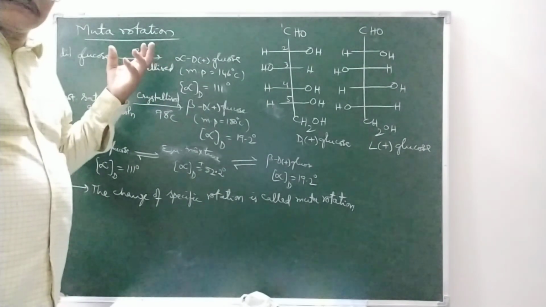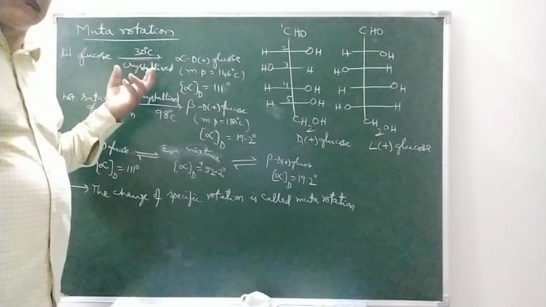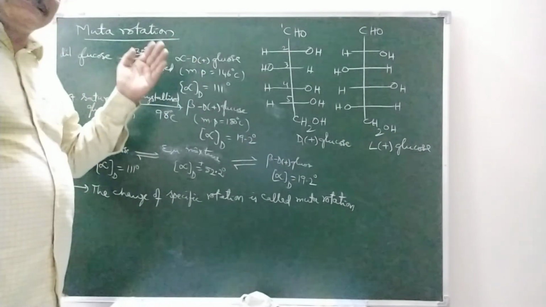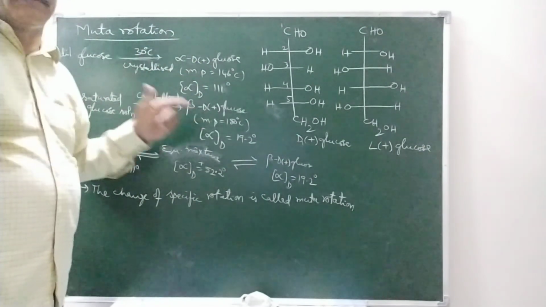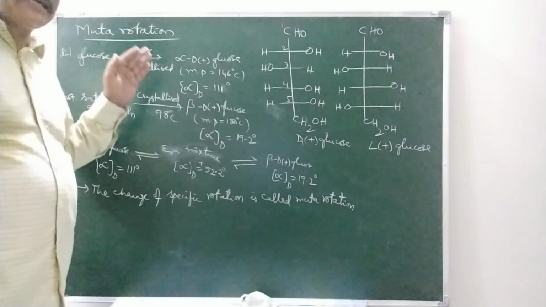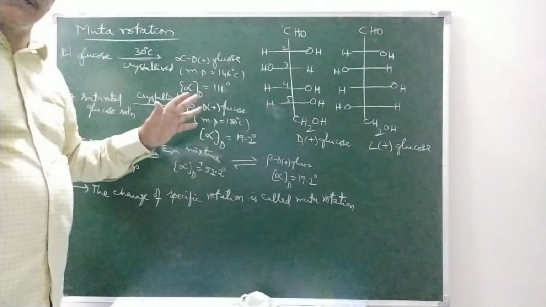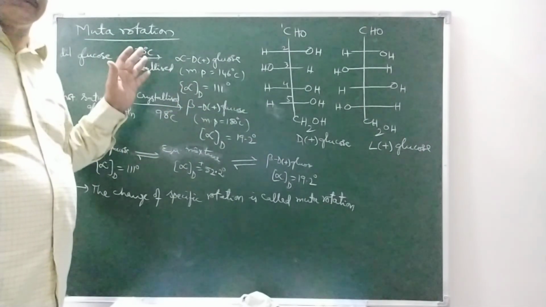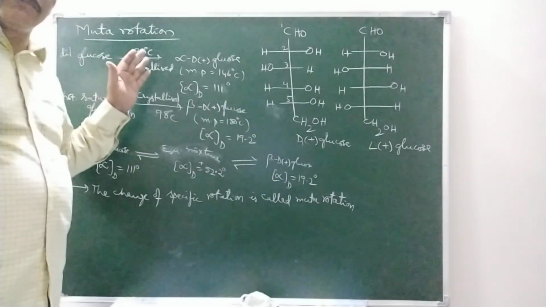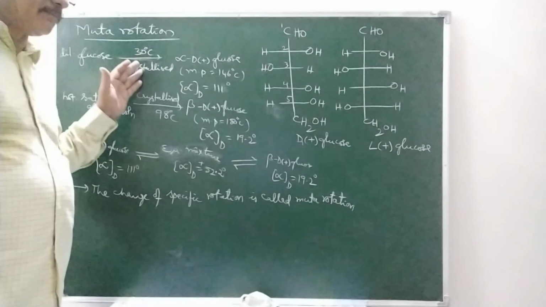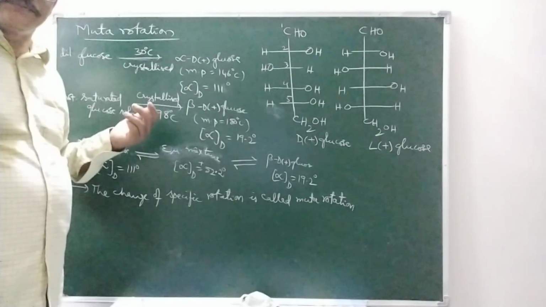All the reasons for these questions is that glucose exists in cyclic form. Those cyclic forms will be represented by Fischer projection formula or Haworth structures, which can be explained in the next class. Okay, thank you.